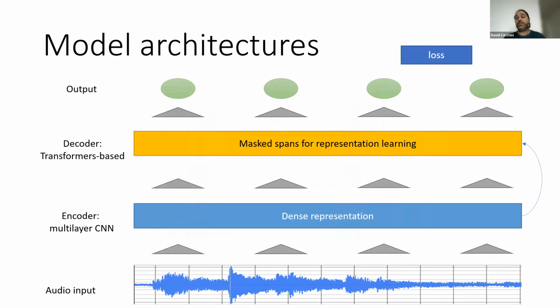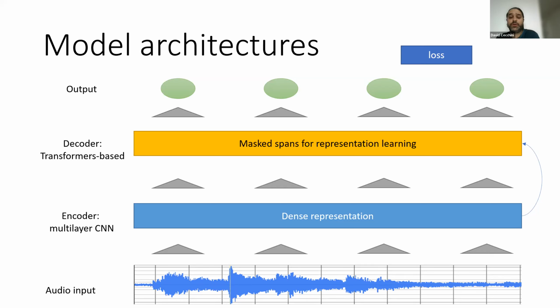So Wave2Vec and Hubert models are basically in this architecture. You have the audio input at the bottom. It will be processed and create audio features using usually CNNs, like 6 or 7 layers of CNNs. And then you will also process the text using transformer-based embeddings, training with a masked language model.